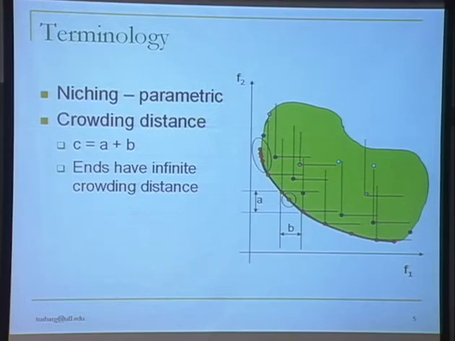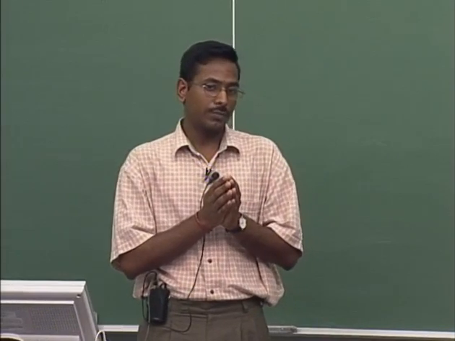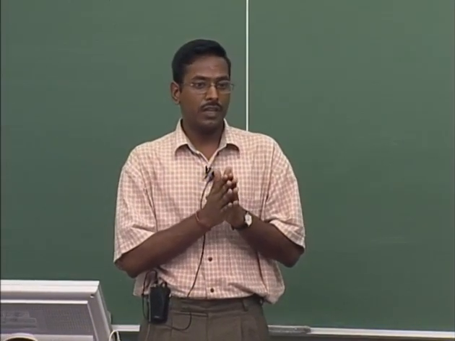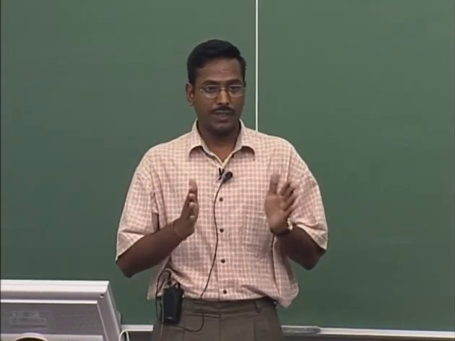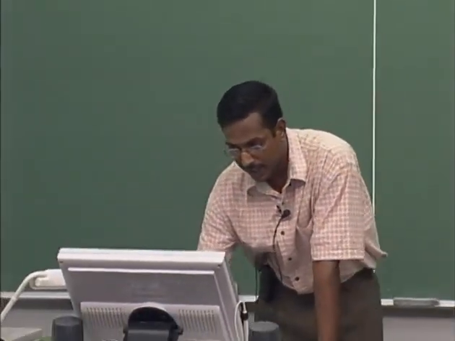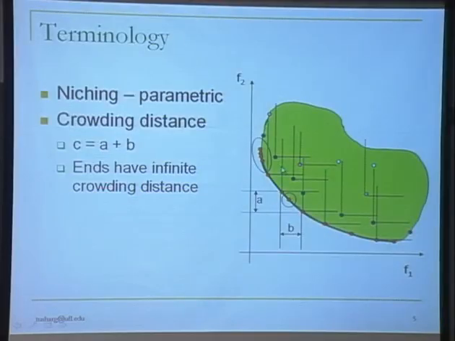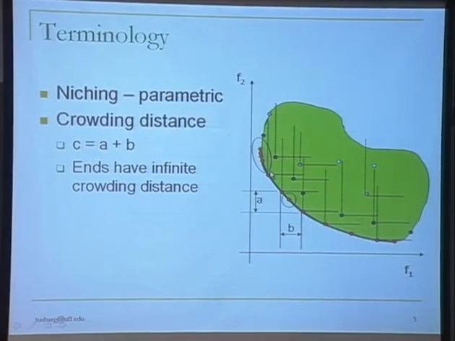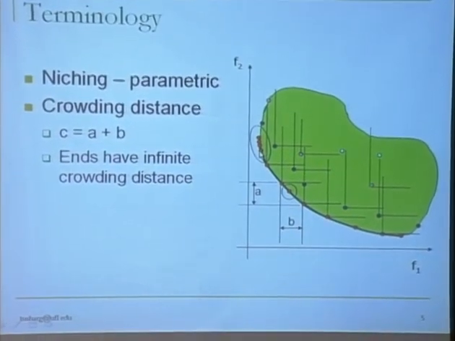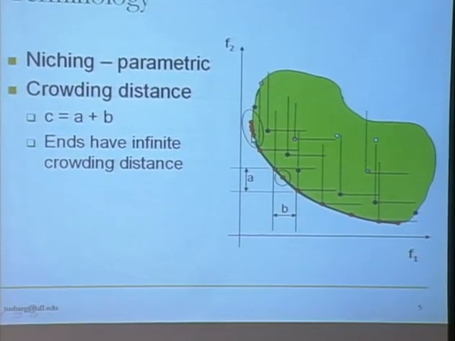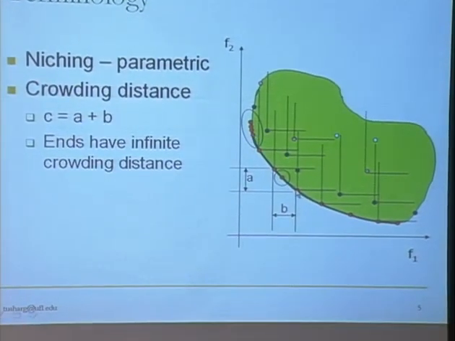In order to find a good multi-objective optimal solution, I should find the Pareto optimal solutions which are spread out. Like I can still have non-dominated solutions which are all converged in this region. They all will be converged solutions, but that will not be considered a good solution because I could not find a solution in this region.